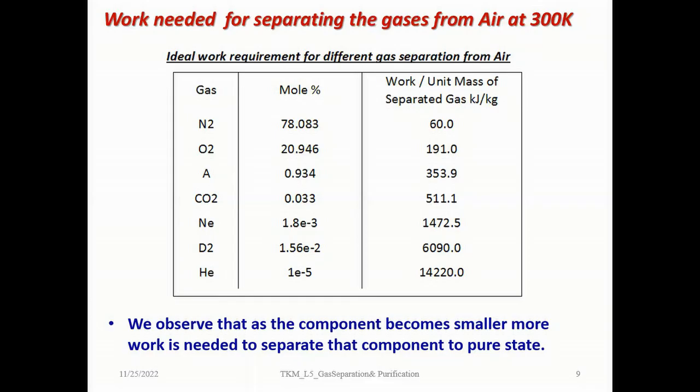For helium, which is taken as about 10 parts per million, the work requirement is 14,220 kilojoules per kilogram. What we notice from this table is that as the amount of the component becomes smaller and smaller, the work requirement becomes more and more to separate the gas to its pure state.